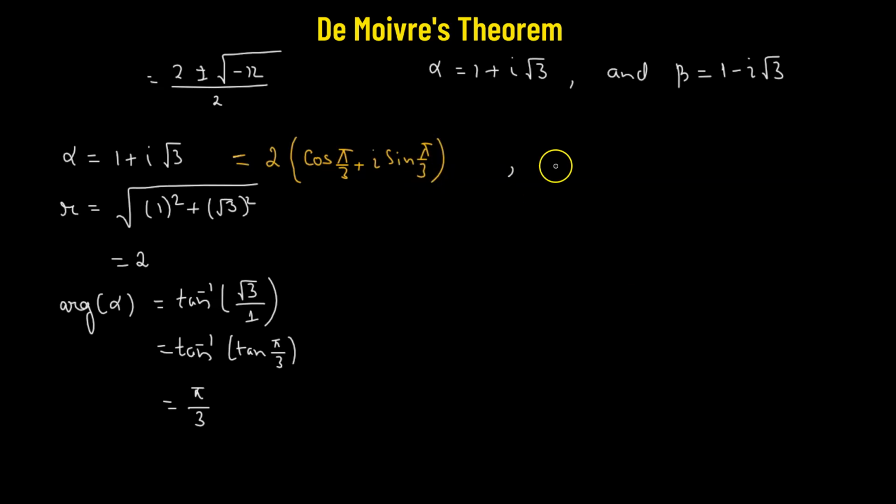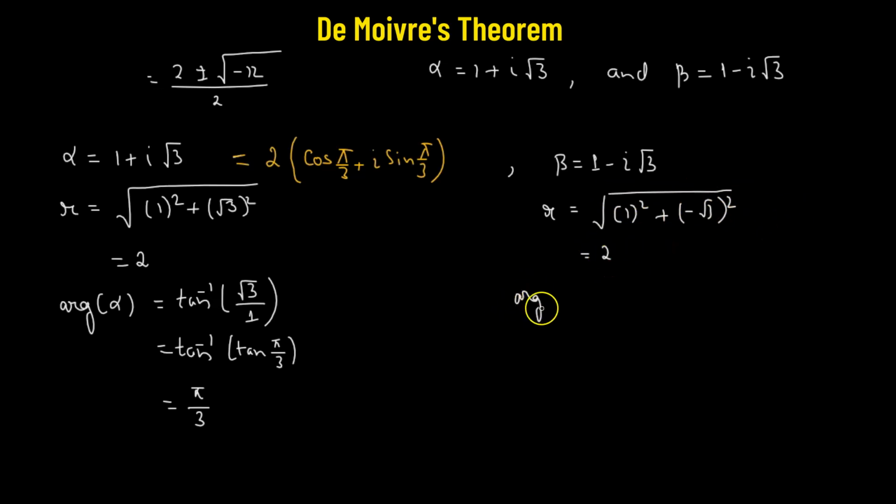Right, now we'll move on to beta. Beta is given by 1 minus iota times the square root of 3. Here r will be the square root of 1 squared plus negative square root of 3 squared, which equals 2. The argument of the complex number beta is the inverse tangent of the imaginary part, negative square root of 3, divided by the real part, which is 1.